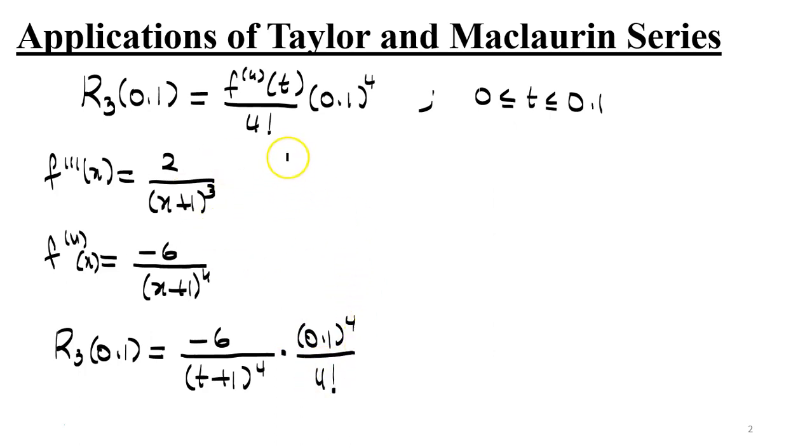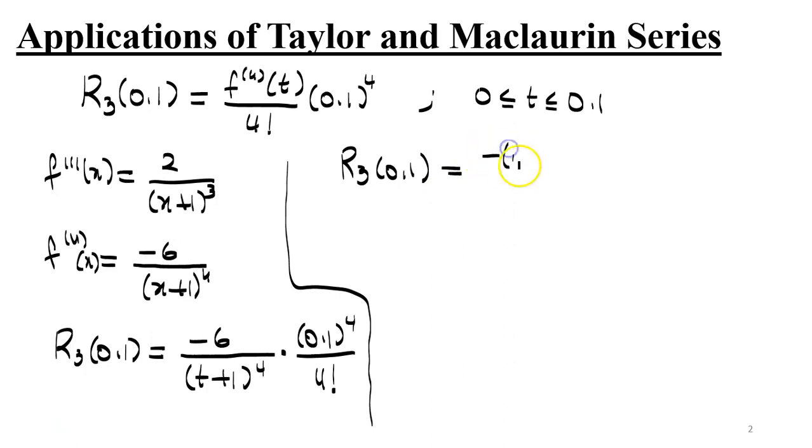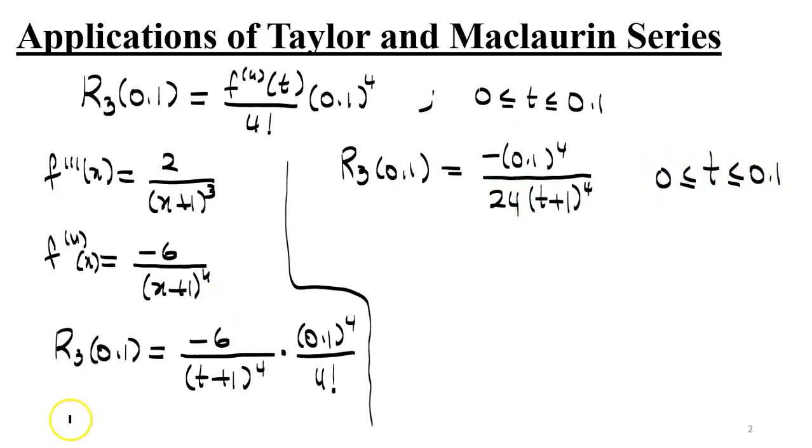Simplifying this a little bit, R3 of 0.1 would be negative 0.1 to the 4 times 6 over 24, since 4 factorial is 24, into (t plus 1) to the 4. Don't forget that this function is defined for t between 0 and 0.1. Let's just call this function g of t for the moment.